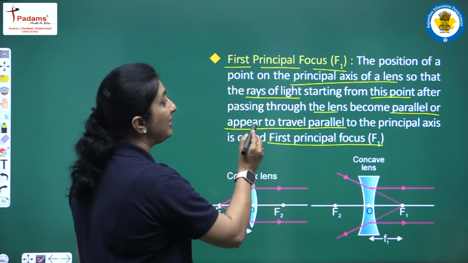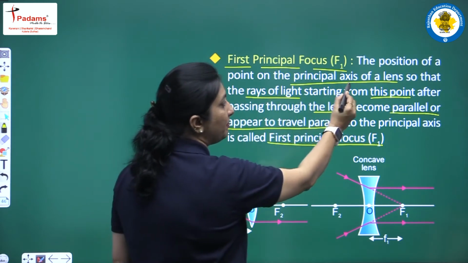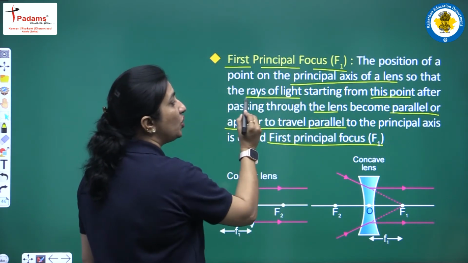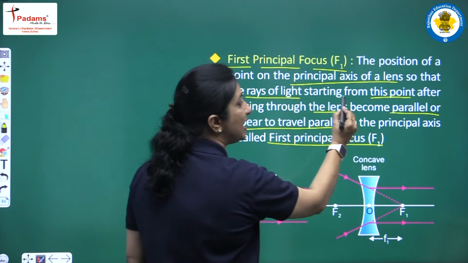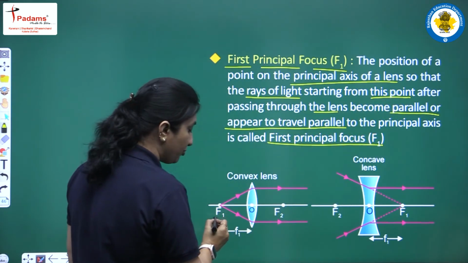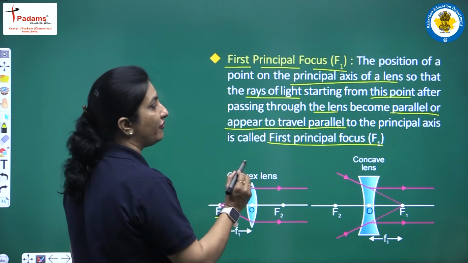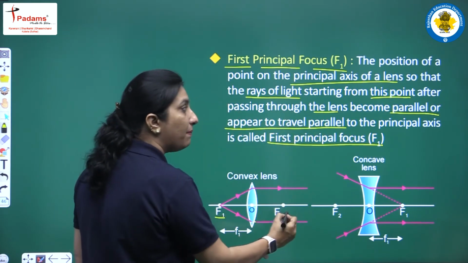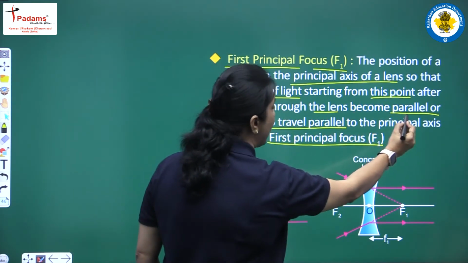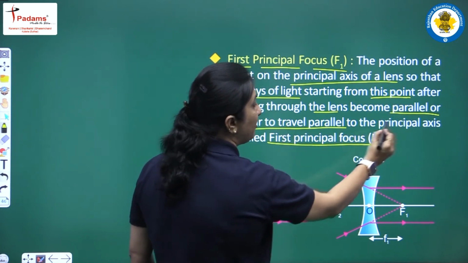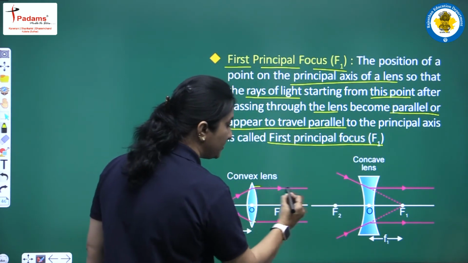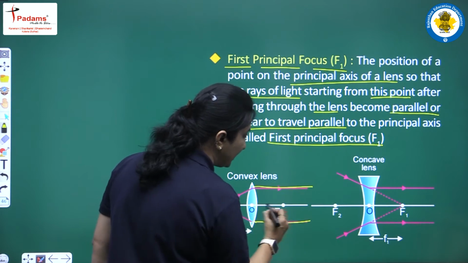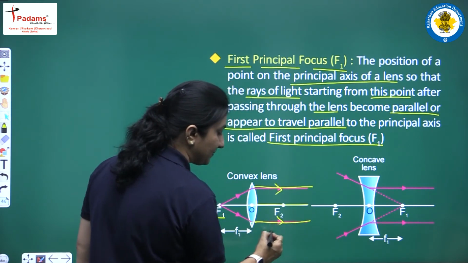This is what is said, that it is the point on the principal axis of a lens so that the rays of light starting from this point, इस point से start होने वाली rays of light, आफ्टर पासिंग थ्रू द लेंस, यानी रिफ्रैक्शन के बाद, become parallel to the principal axis.